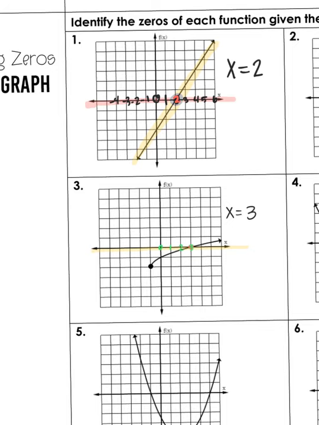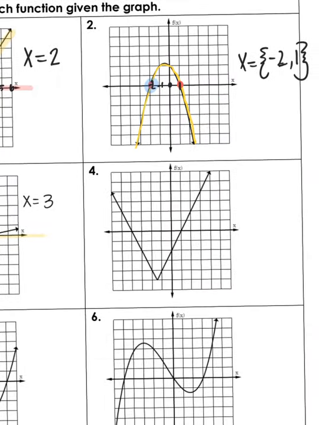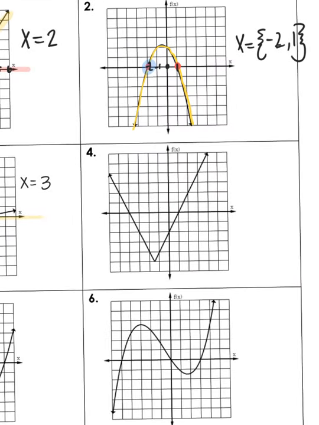All right, let's look at number 4. Here I see 2 zeros. I see 2 solutions. Here's a solution, and here's a solution. So remember, another word for solution is zeros.